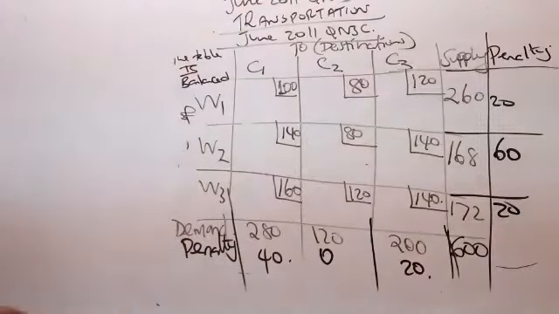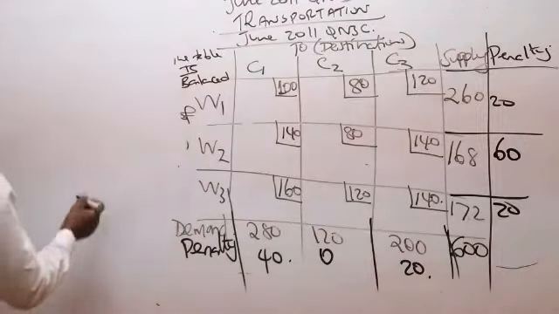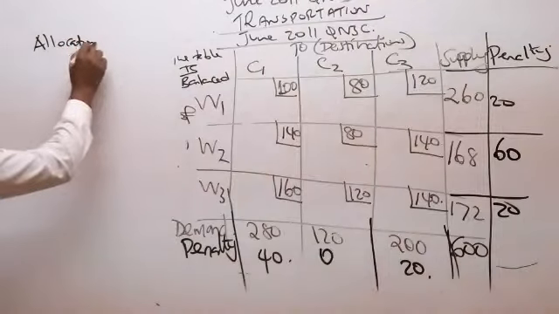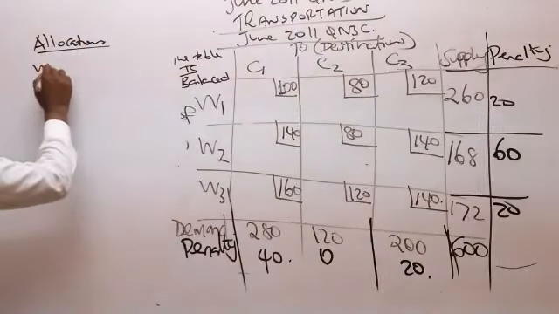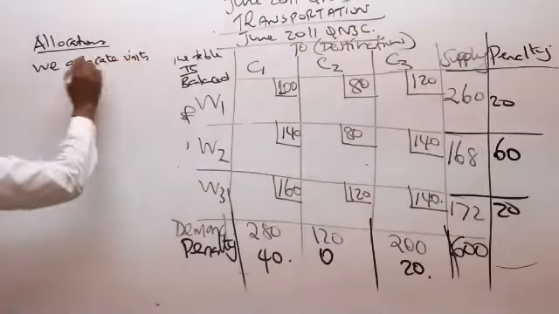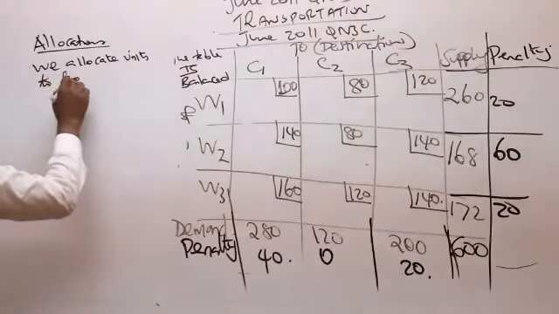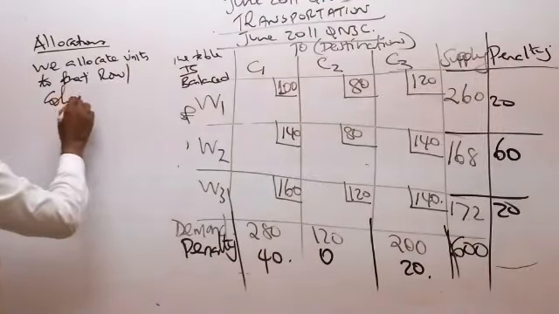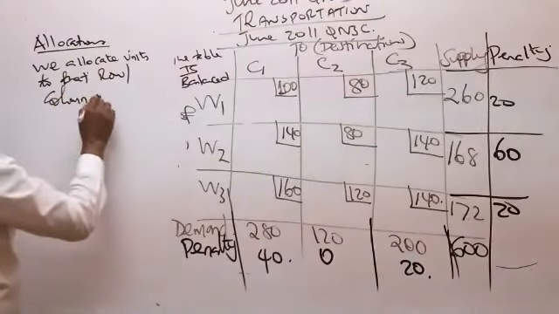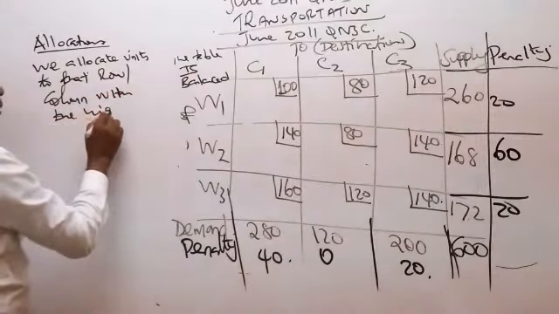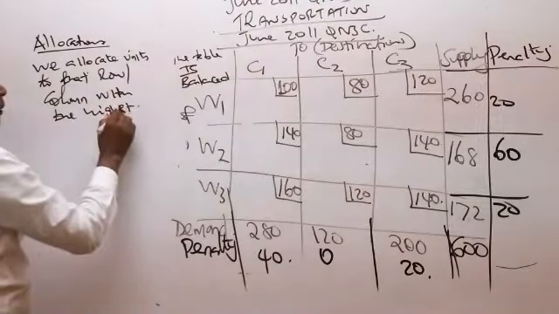Now, from there, ladies and gentlemen, now we go to allocations. Now, for allocations, we allocate units to that row or column with the highest penalty.